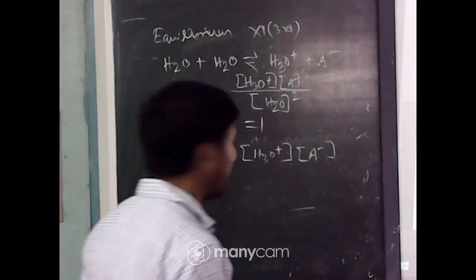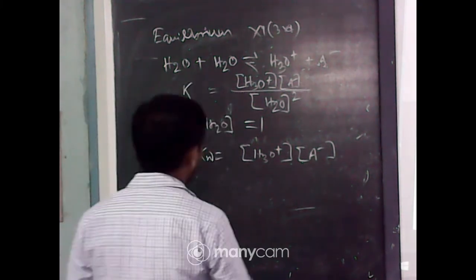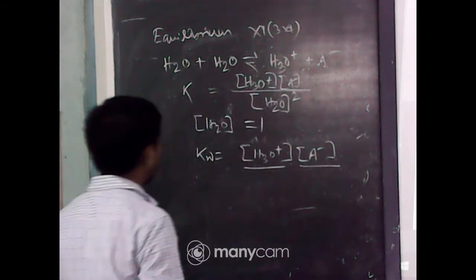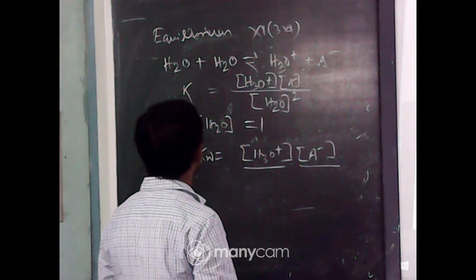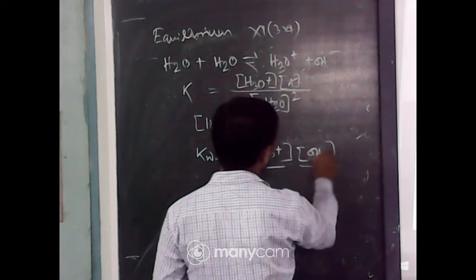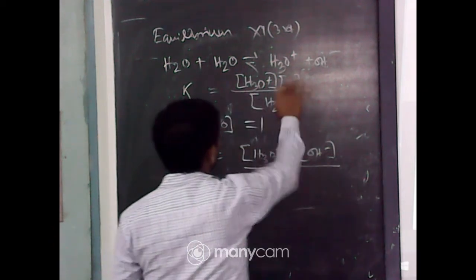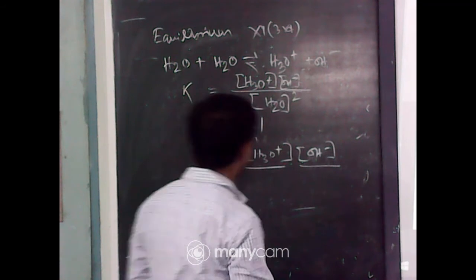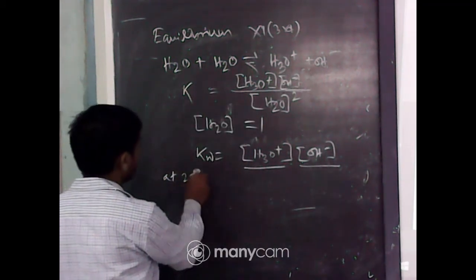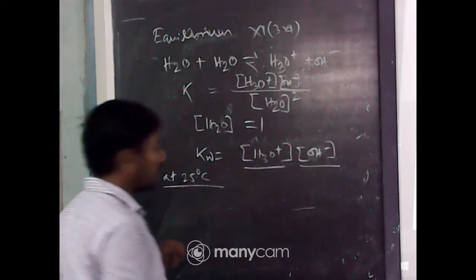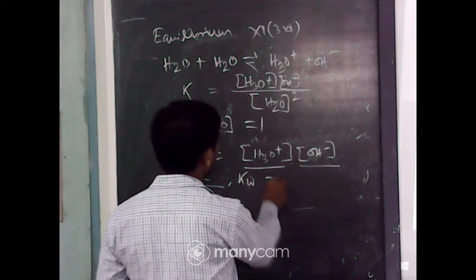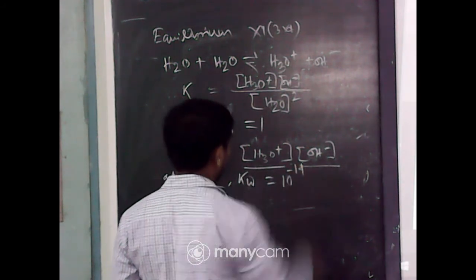Sorry, here it will be OH minus. So, it is equal to Kw. As dissociation is a temperature dependent parameter, at 25 degree centigrade Kw has the value of 10 to the power minus 14.